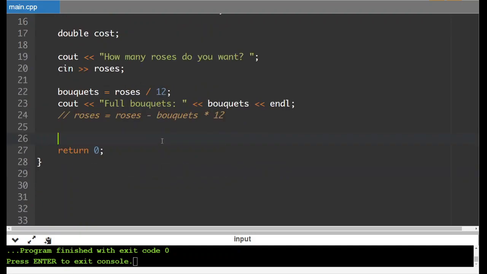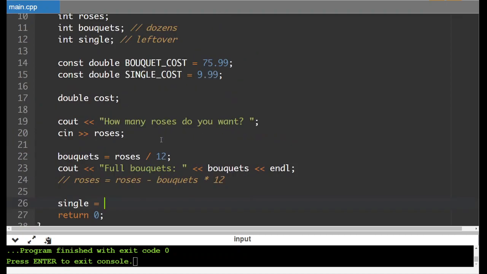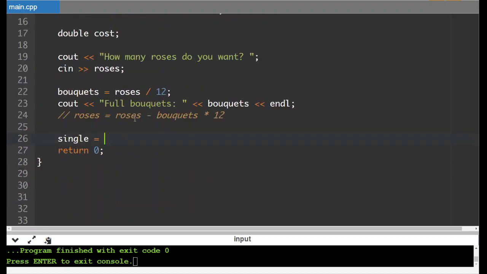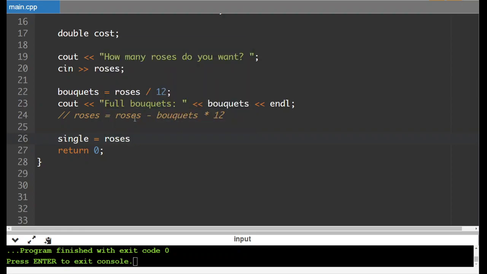So single roses, single, is going to be equal to, now we did before roses divided by 12. This time we're going to put the percent sign here. Now this gets confusing because this absolutely has nothing to do with a percentage.